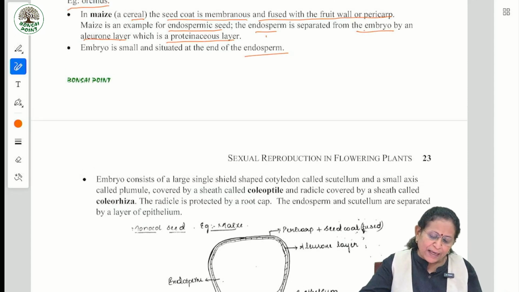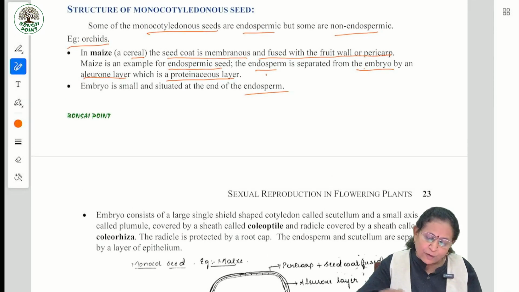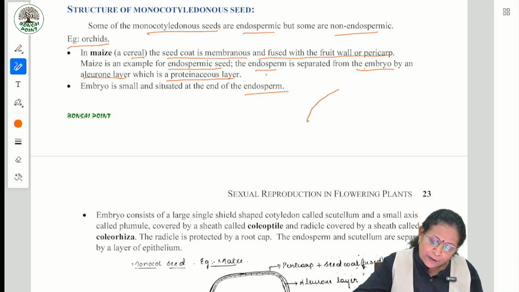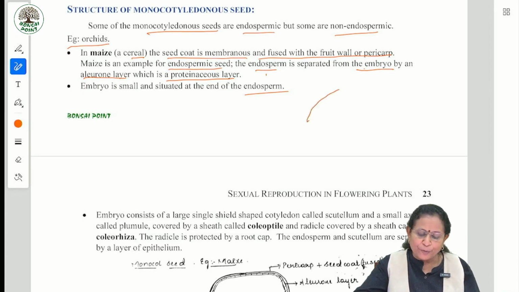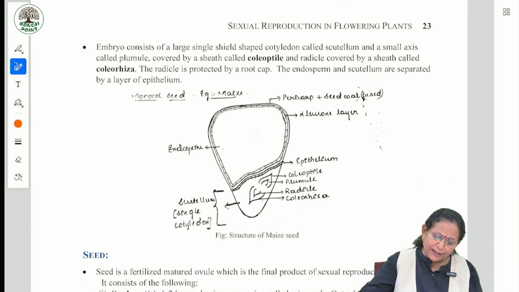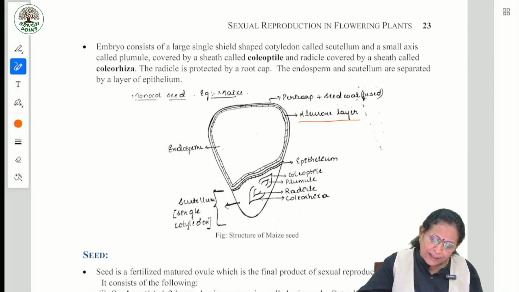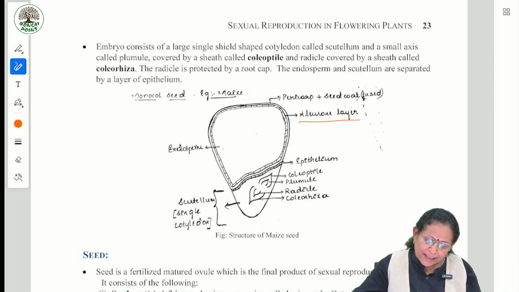Please remember, what is an aleurone layer? It's a proteinaceous layer that separates the endosperm from the embryo. I'll show you here. See, this is the aleurone layer which separates the endosperm from the embryo.